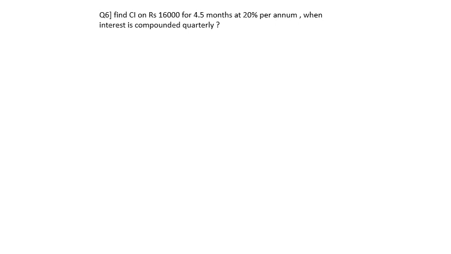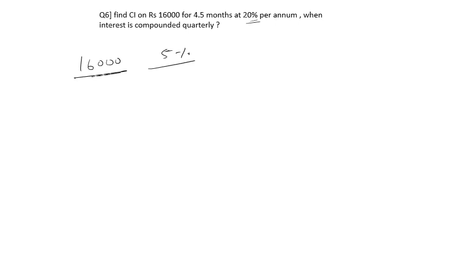These are simple things, guys. So 5% per quarter. For 12 months 20% is the rate. For 3 months, quarter means 3 months, it will be divided by 4. 20 by 4 is 5%. 5% of what? Of 16,000, the principal. How many quarters?